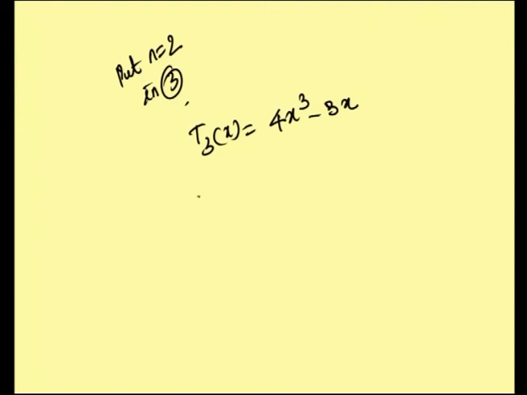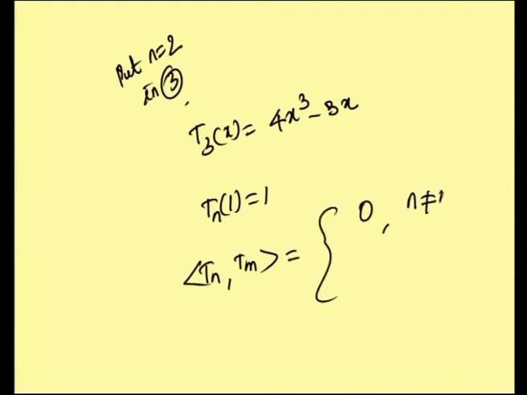So the polynomials satisfy Tn of 1 equal to 1, and the inner product of Tn and Tm is equal to 0 if n is not equal to m, equals pi if m equals n equals 0, and equals pi by 2 if n equals m is greater than 0. So we have derived the Chebyshev polynomials from the Gram-Schmidt orthogonalization process.